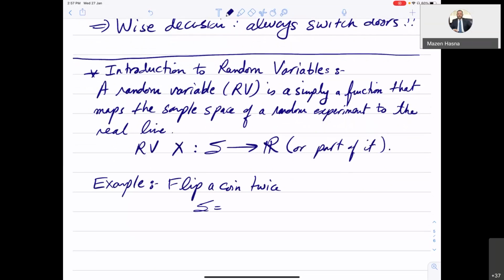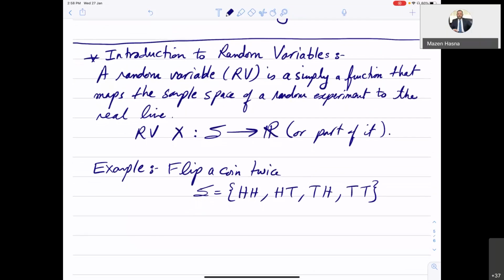Your sample space is head-head, head-tail, tail-head, tail-tail. Okay, in math, we don't like to deal with head-head or head-tail.